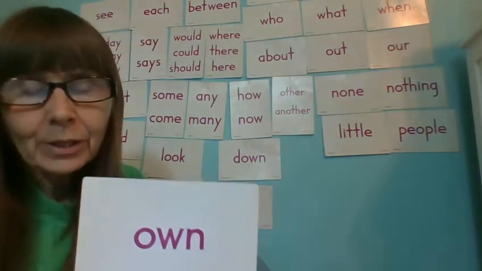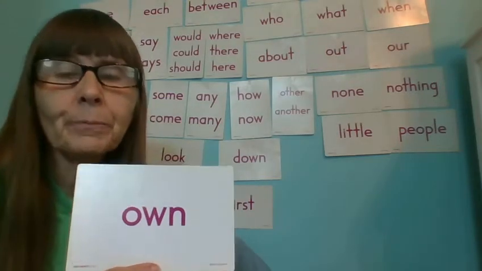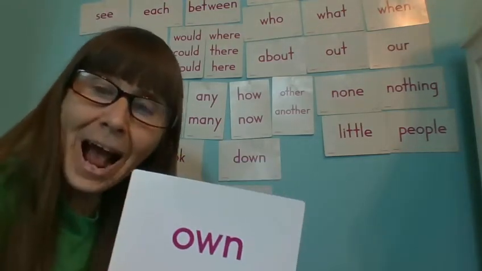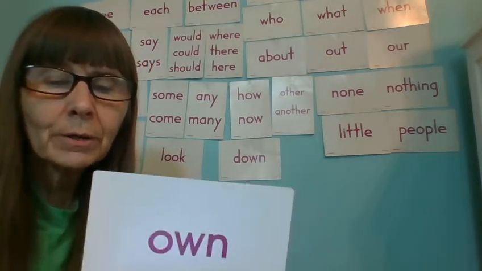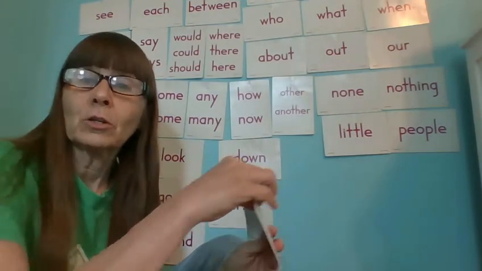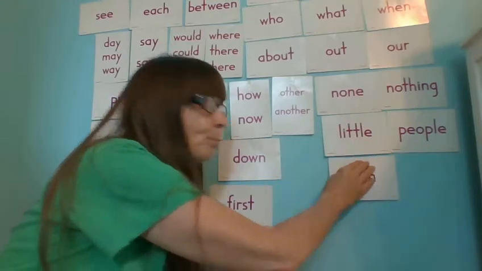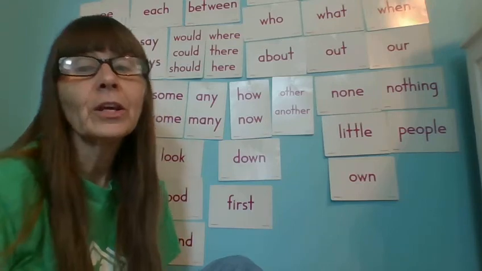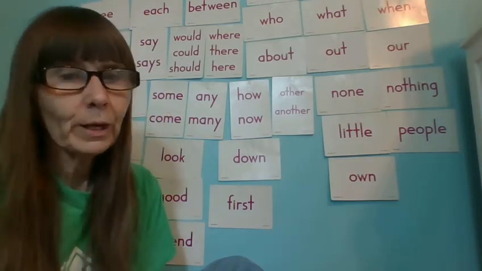In this word, this is the OW that says O, like in snow and row. So we're not going to say own, we're going to say own, own. Do you own it? It is my own doll or my own puppy, own. So I'm going to put it over here, give it some distance between those two because it is a different sound and we have to be really careful that we recognize that.